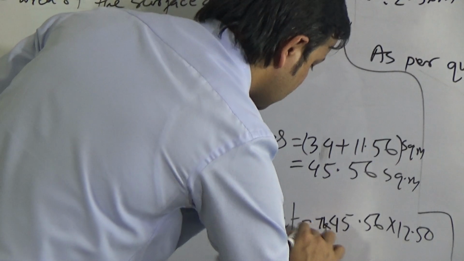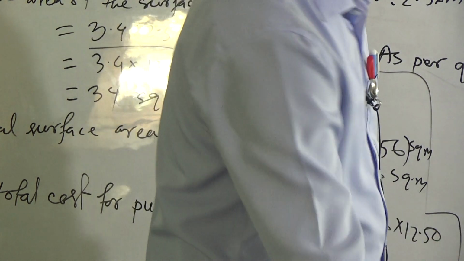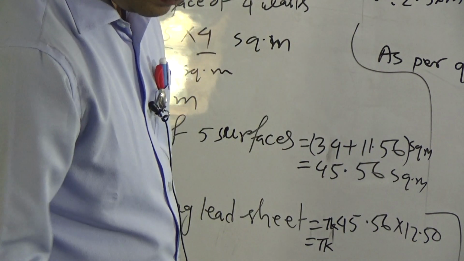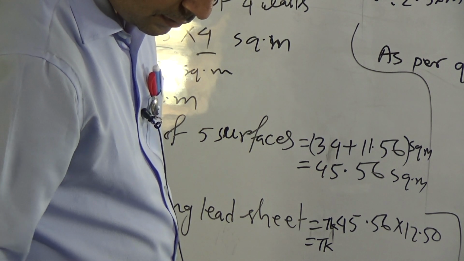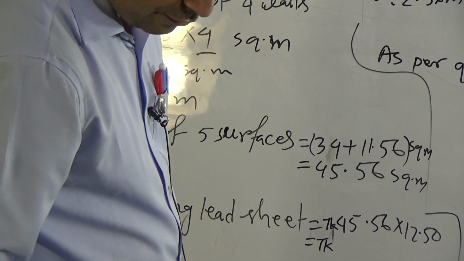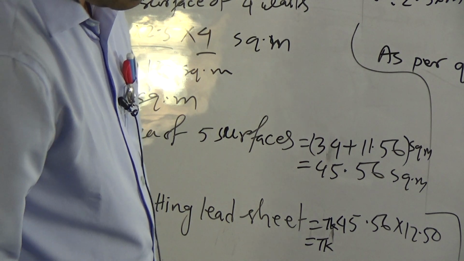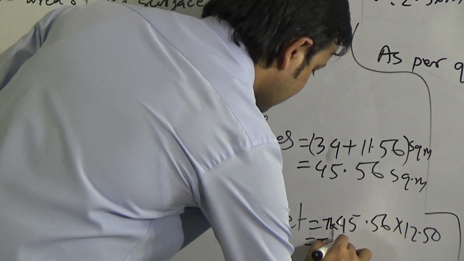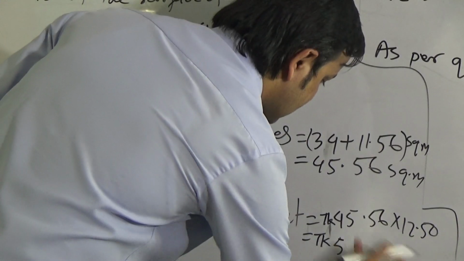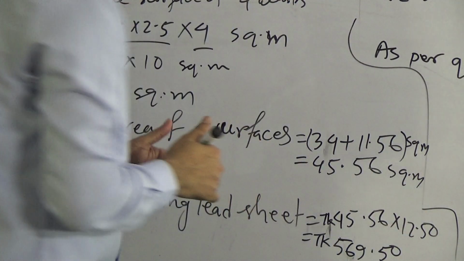The unit will be taka. So we can write here taka. If we take the product of 45.56 and 12.5, this will be 569.5, that is 569.50 taka. This is the total cost.